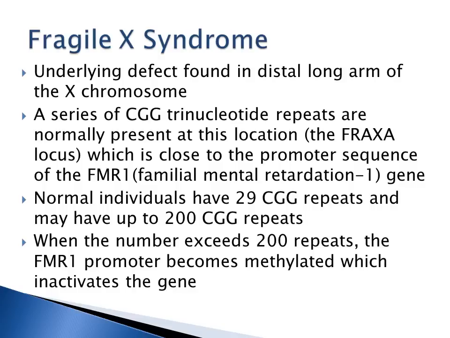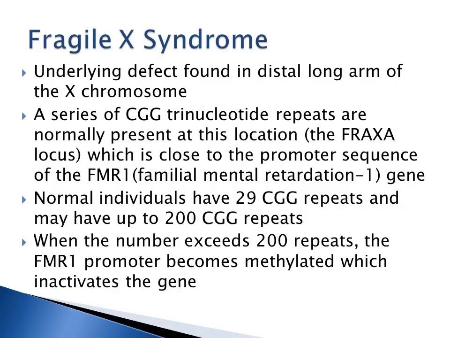In Fragile X syndrome, the underlying defect is found in the distal long arm of the X chromosome, and what you get is a series of CGG repeats, these trinucleotide repeats. Now, these CGG trinucleotide repeats are normally present at this location, which is the FRAXA locus.